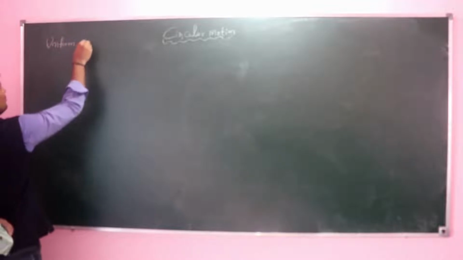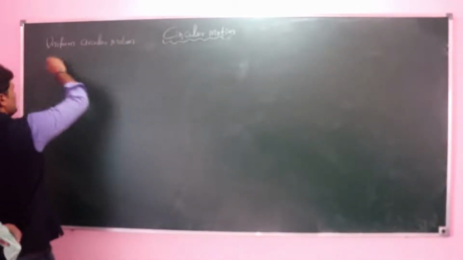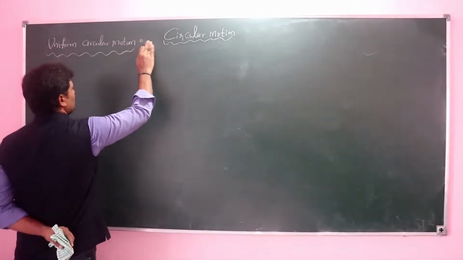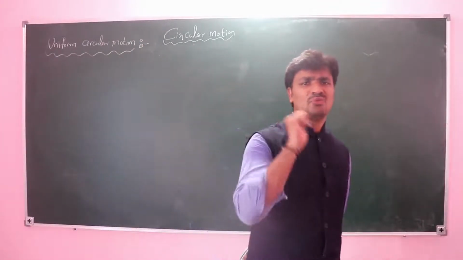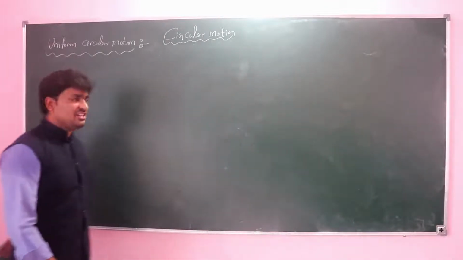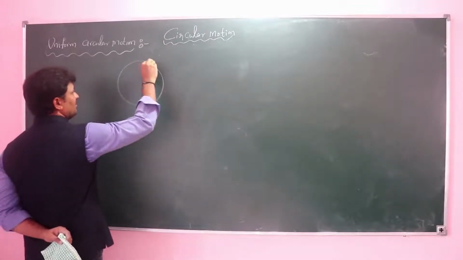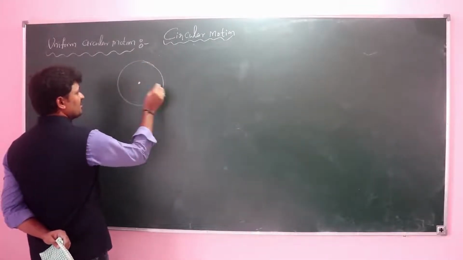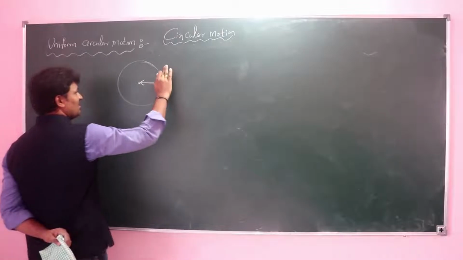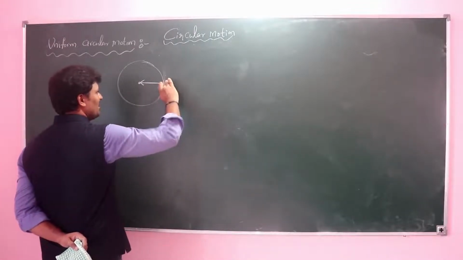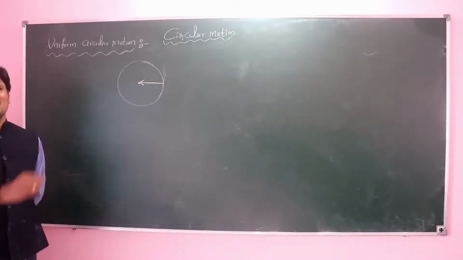Uniform circular motion says that a particle is moving along the circular path with constant speed. Speed constant. Then what about the velocity? Velocity continuously changes here. The direction of the velocity changes. The magnitude of the velocity is constant, but the direction of the velocity changes. We are taking only the magnitude.